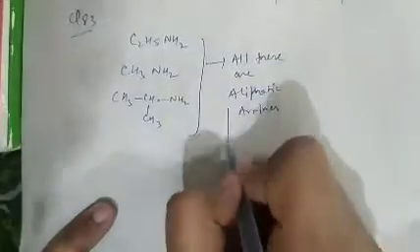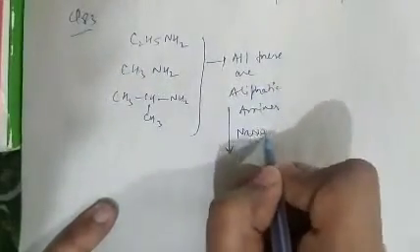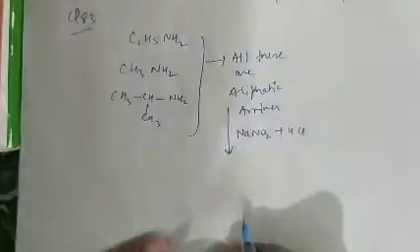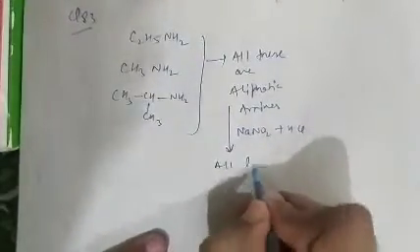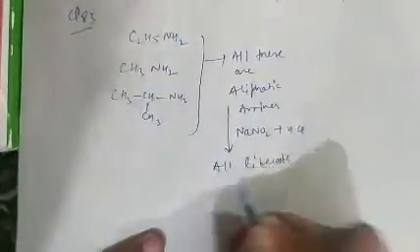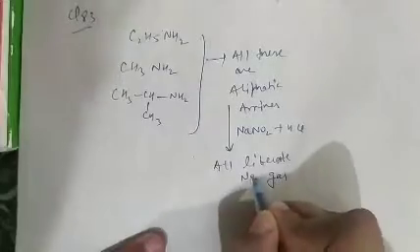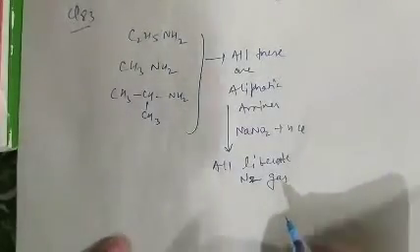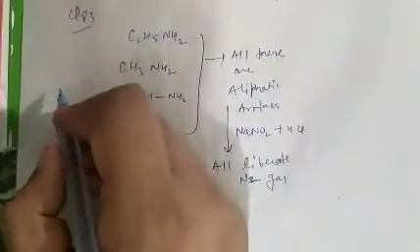When an aliphatic amine reacts with NaNO2 plus HCl, all liberate N2 gas. So question number 83, option D is correct.